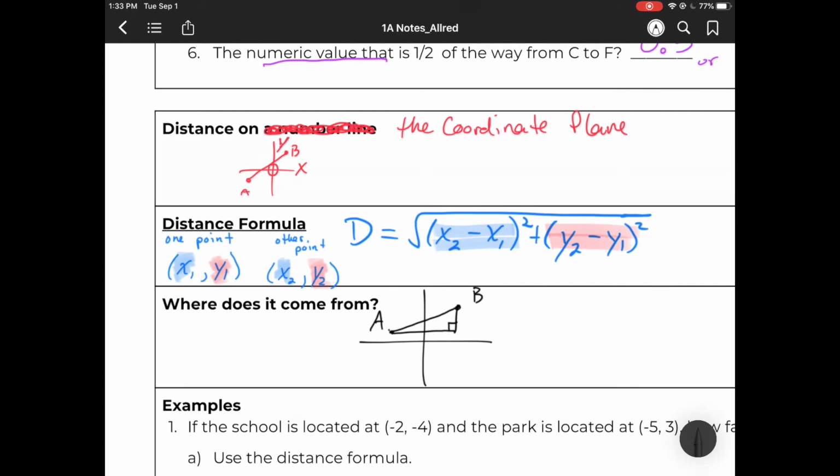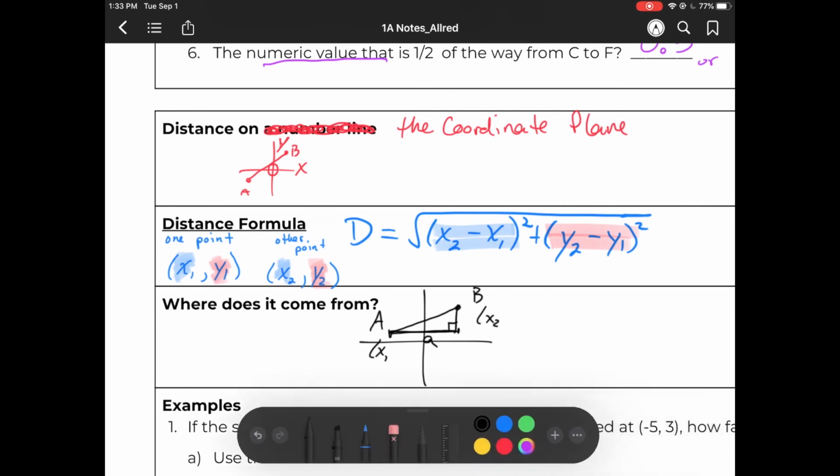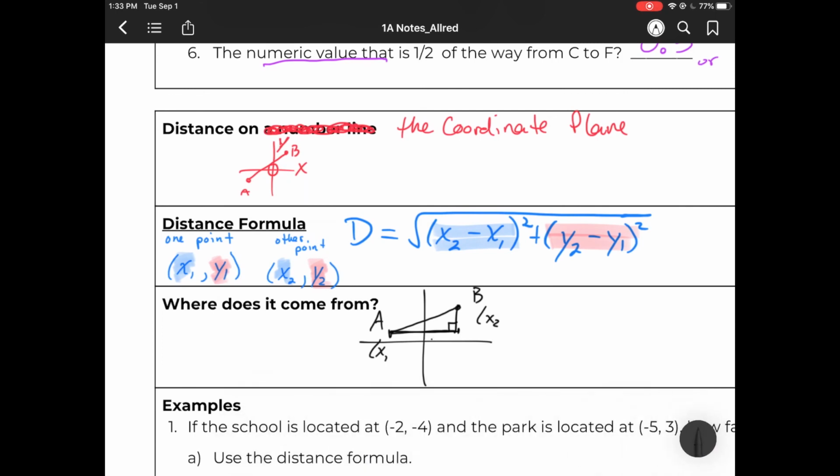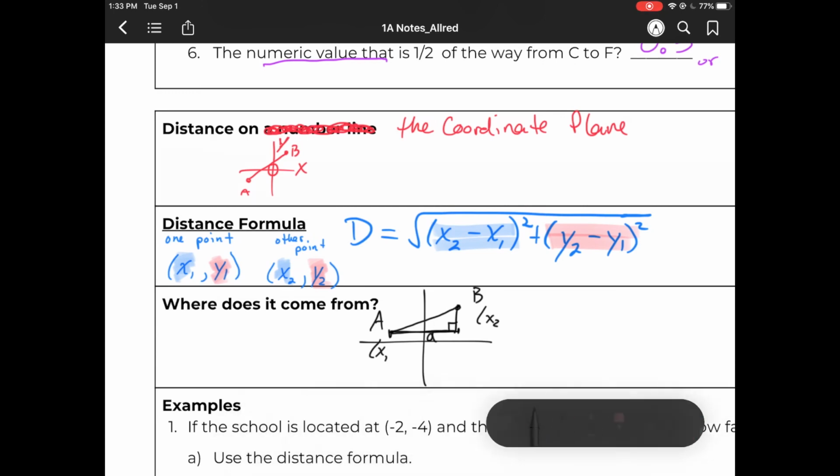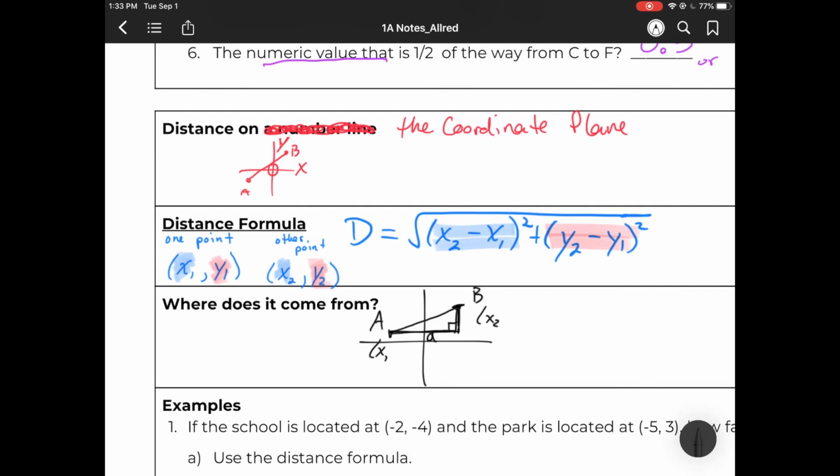In that case, this horizontal difference between A and B, so the distance from x1 to x2, let's just call it lowercase a. That's a length of lowercase a. And then the vertical distance from B down to where A is, the difference from y1 to y2, let's call that length b.